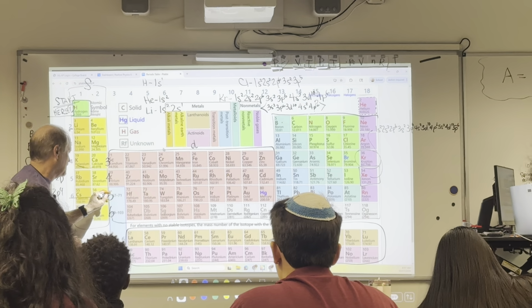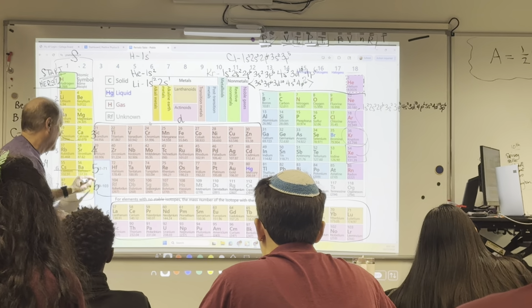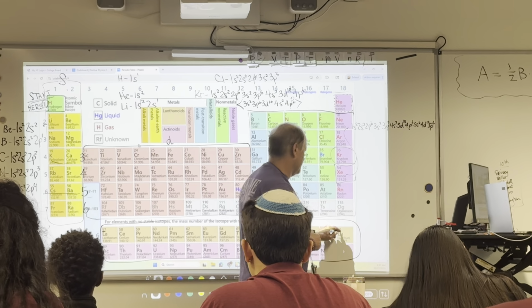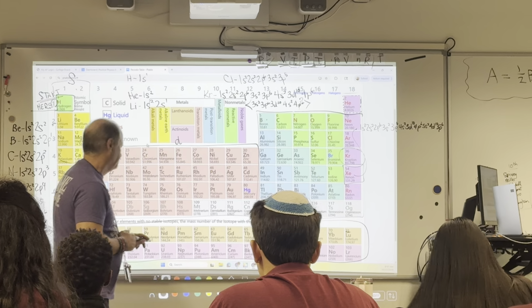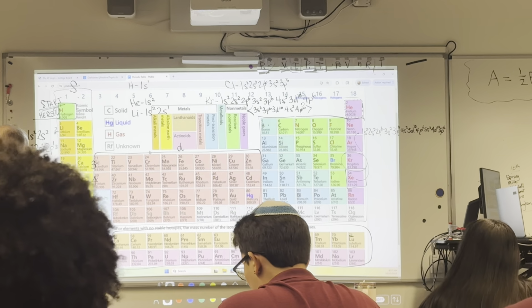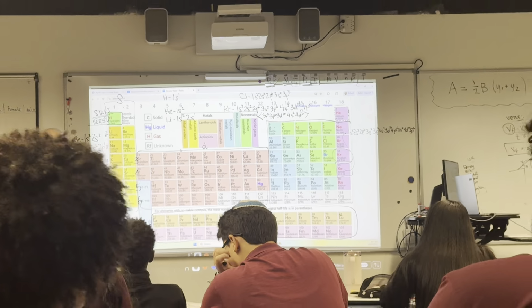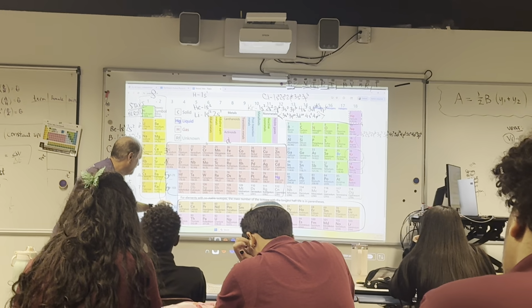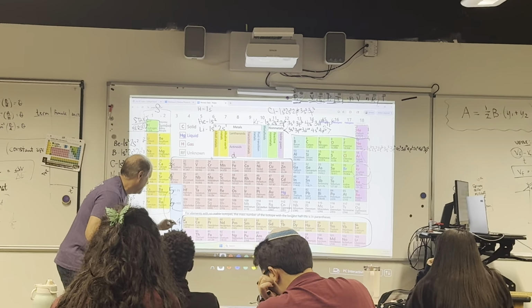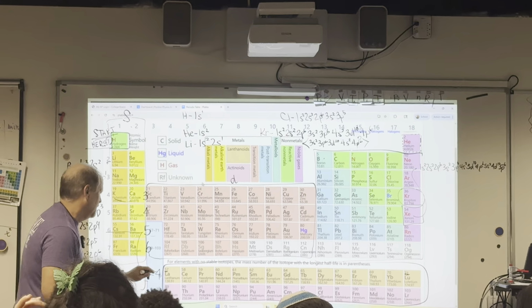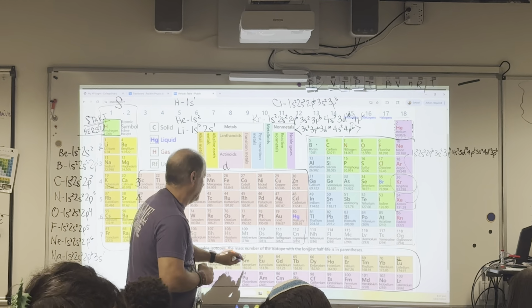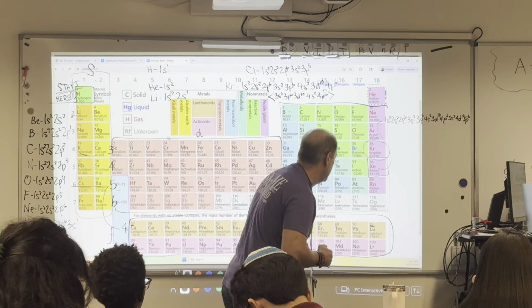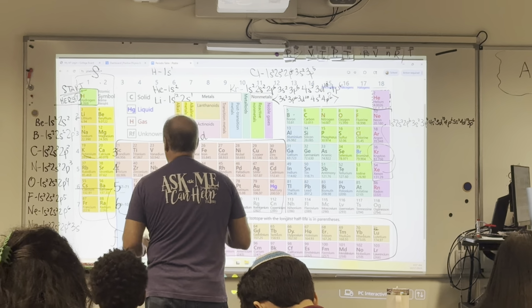See this detour? It says 57 to 71 goes here. That means after 6s2, we detour down to 4f, 1, 2, 3, 4, 5, 6, 7, 8, 9, 10, 11, 12, 13, 14. Yes, 14.